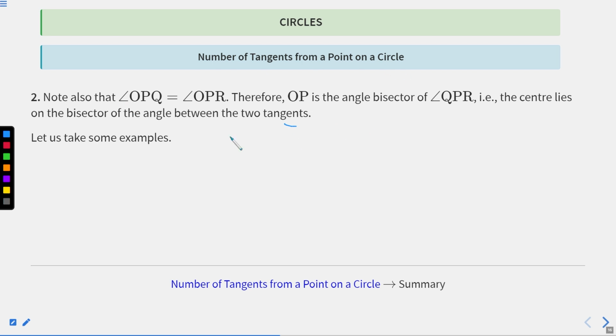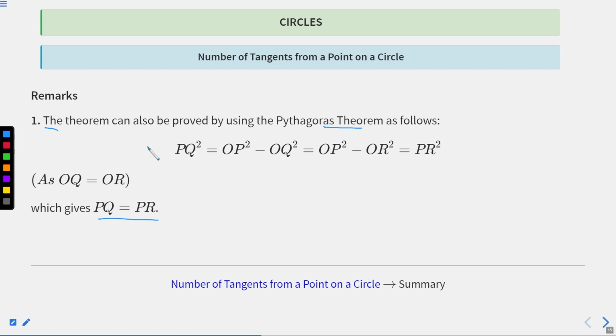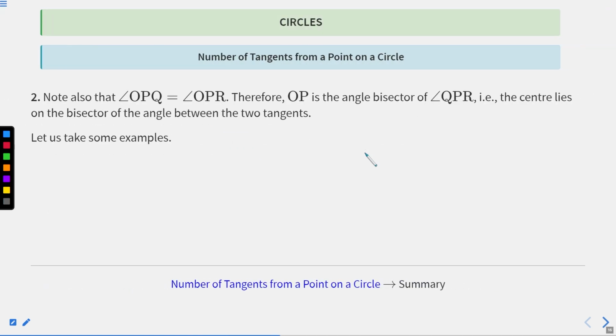So note it down, this remark is very important. This is a shortcut proof of the above theorem, so this will help you to solve some examples.